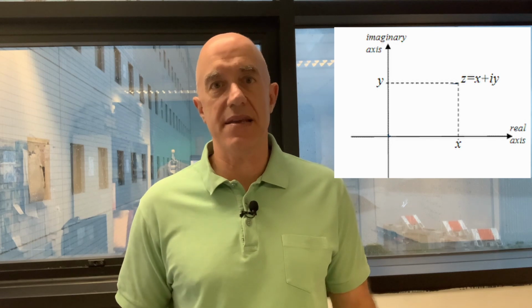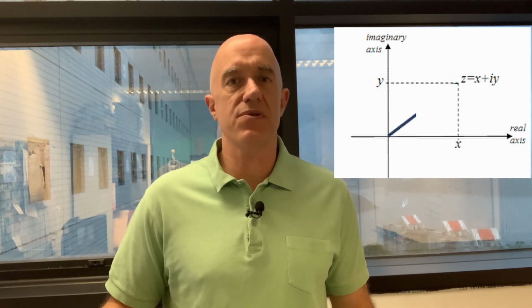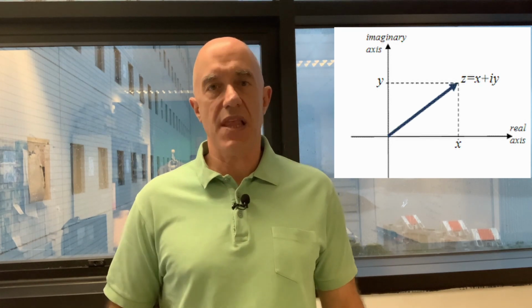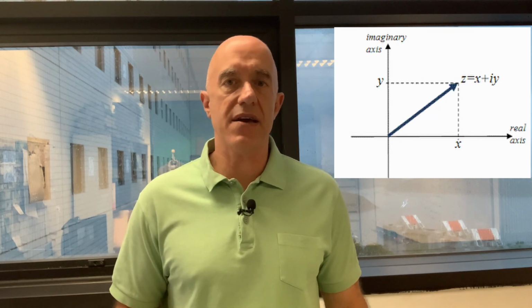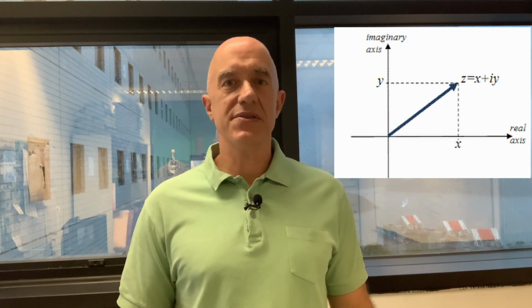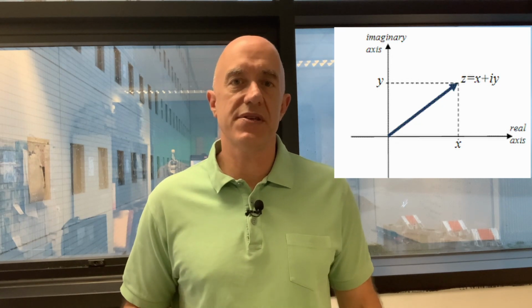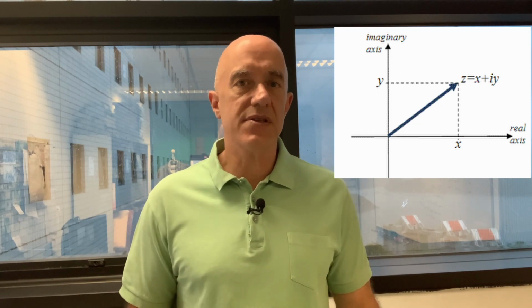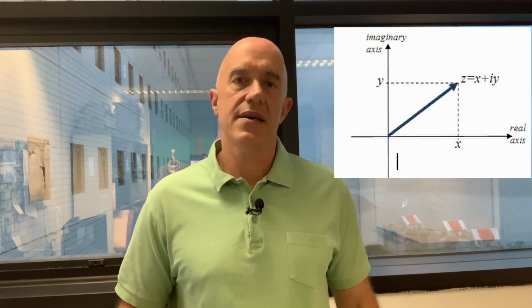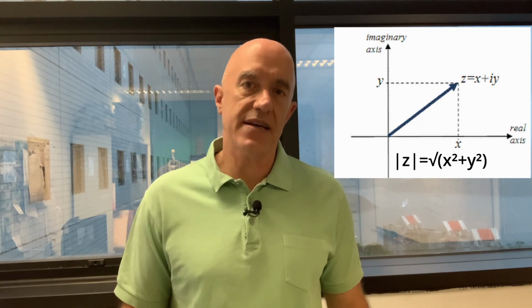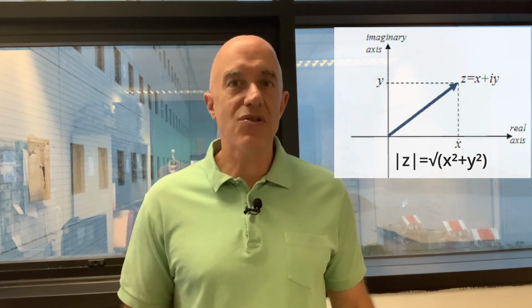If we place a complex number in the complex plane and draw a line from that number to the origin, we can find the length of that line using the Pythagorean theorem. The modulus of a complex number is just the length of that line. The modulus of x plus iy is the positive square root of x squared plus y squared. The law of the moduli is then the modulus of z times w is equal to the modulus of z times the modulus of w.